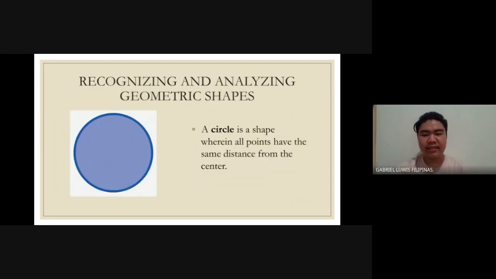A circle is a shape wherein all points have the same distance from the center. So as you can see, this is a circle, and all points have equal distance from this point at the center.